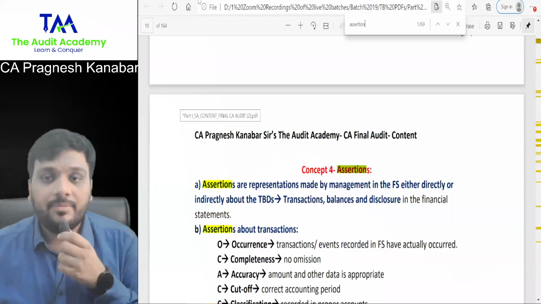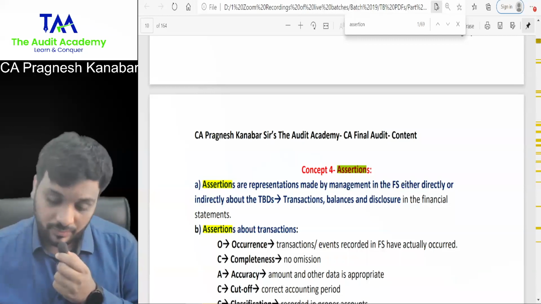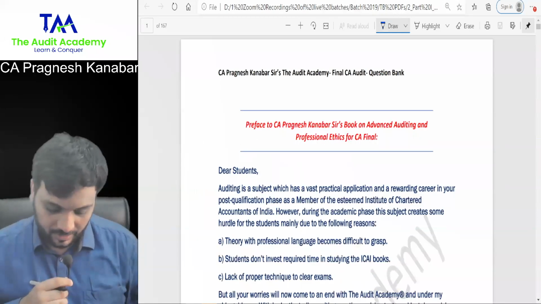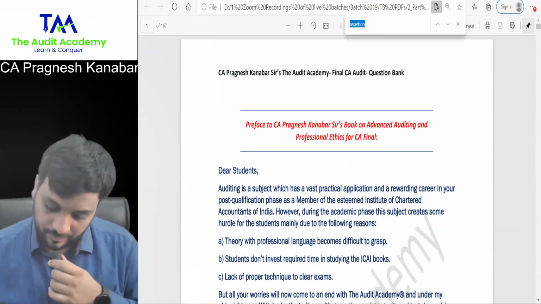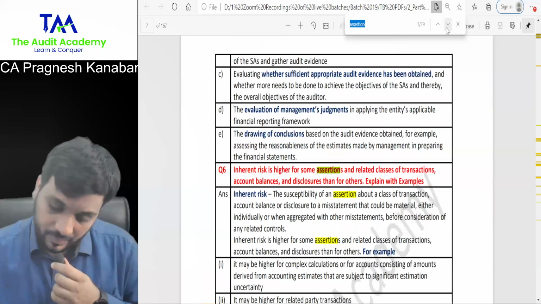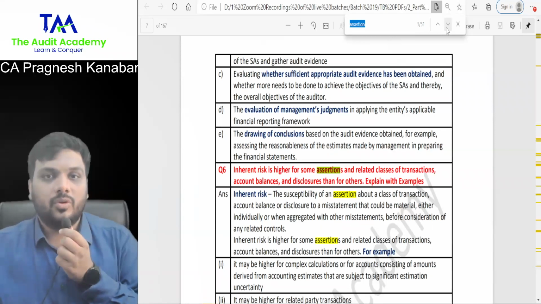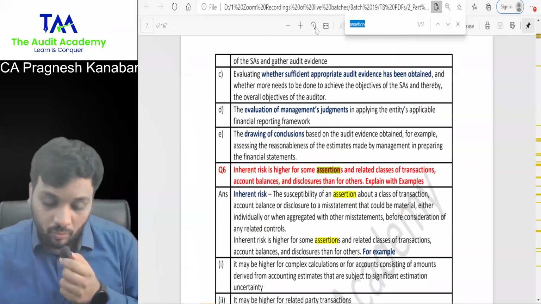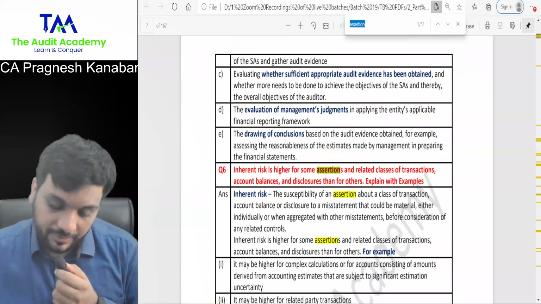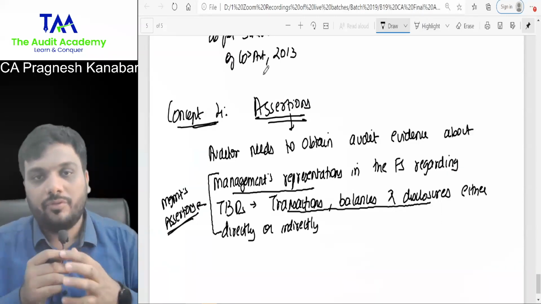I have just typed Control F, all right, assertion, and 69 times it is there in my content book. Let us do the same exercise over here. 51 times it is there in my question bank book. All right. So more than 100 times officially, we are going to use this word assertion. So everyone needs to be focused.